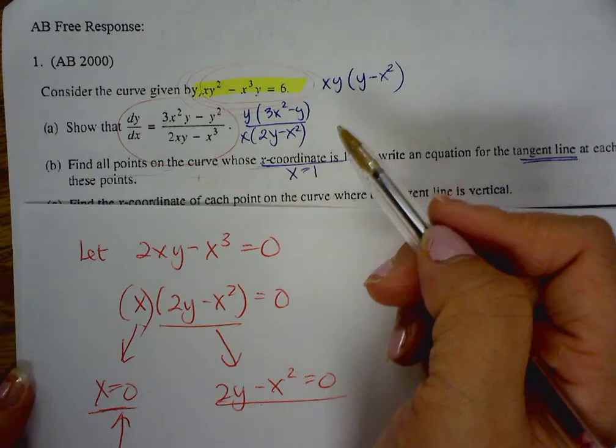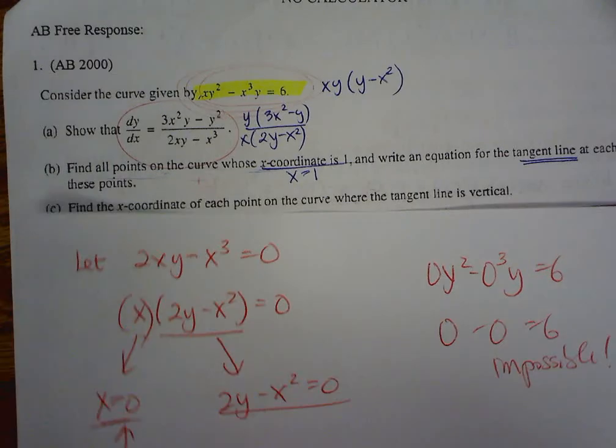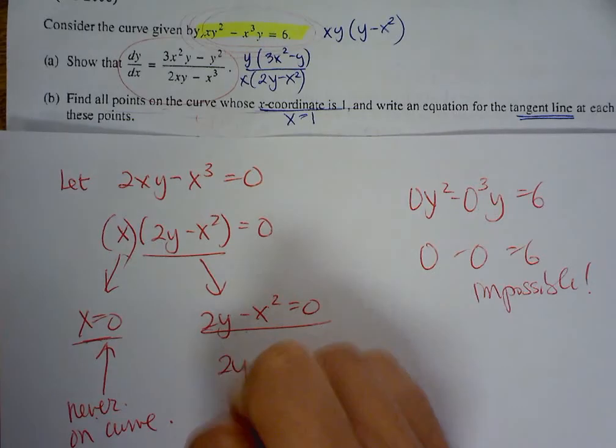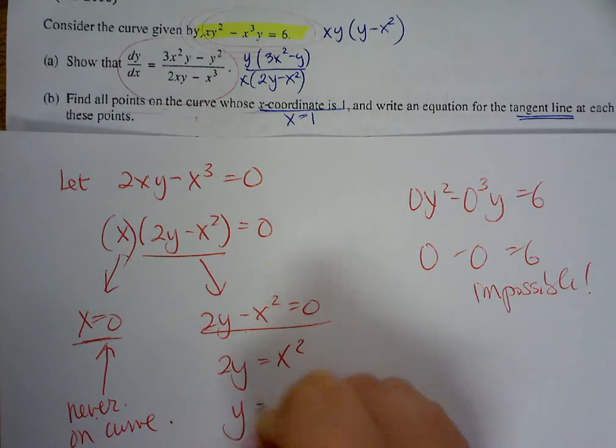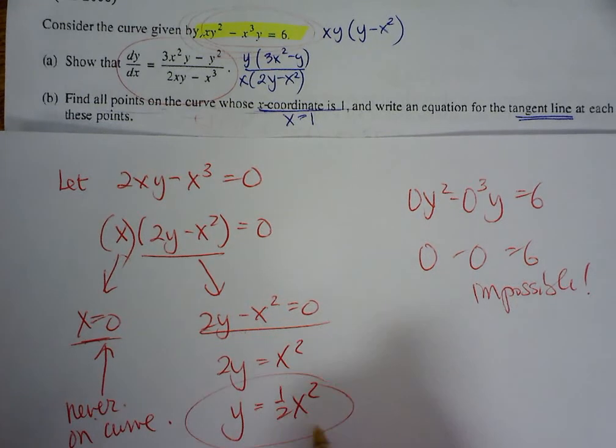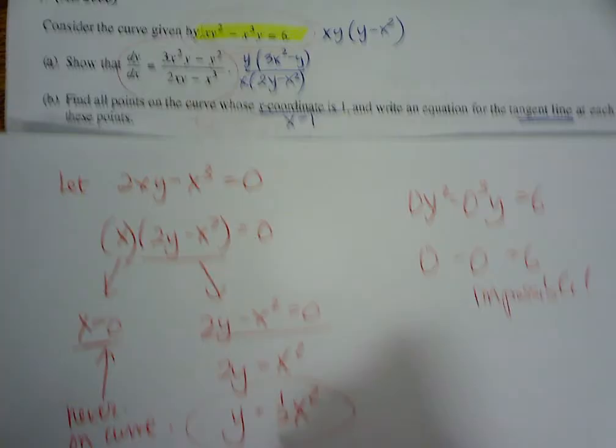So I'm going to use substitution. I'm going to solve for y. 2y equals x squared, so y equals 1/2 x squared. When y equals that, my denominator will be 0. So what is the x value?